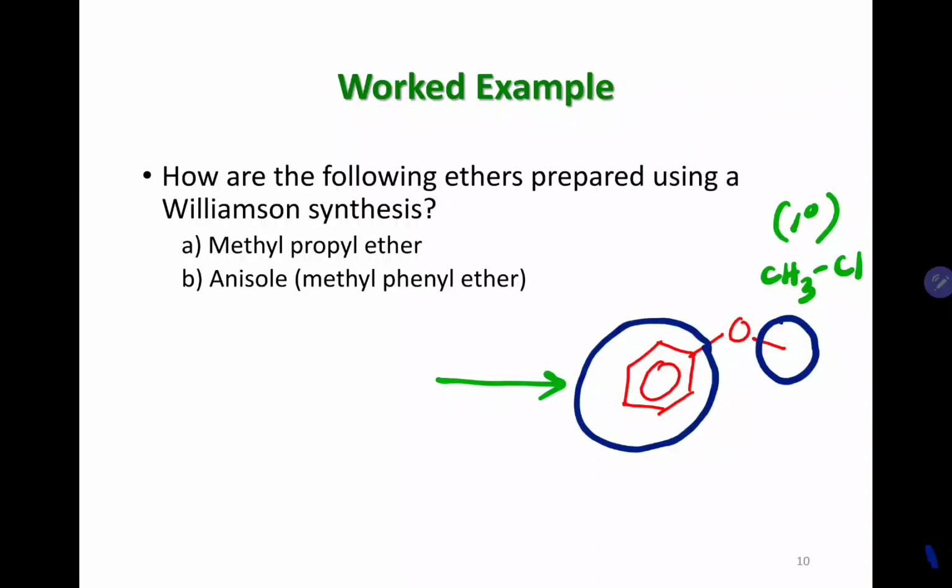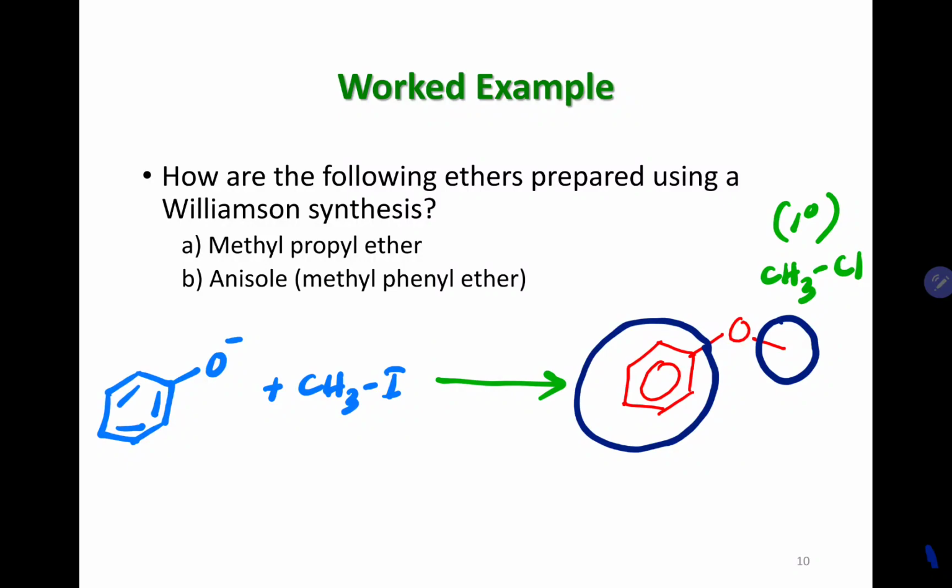The only option that you have is to use CH3I as the alkyl halide, and then of course you will get the benzene group from phenol.